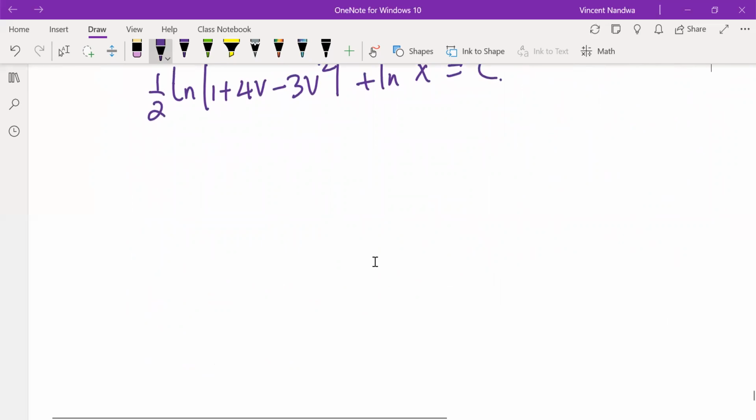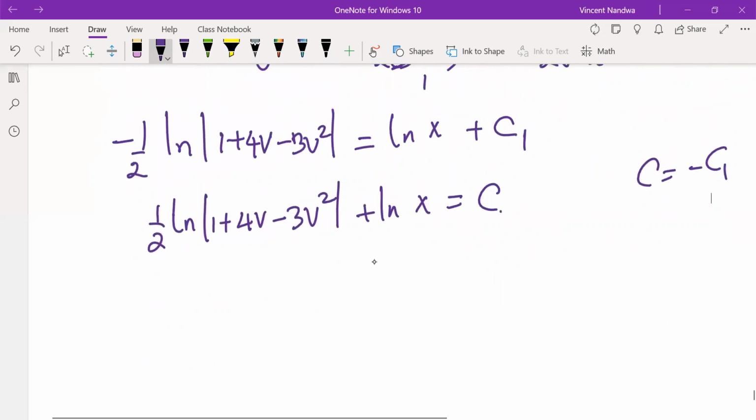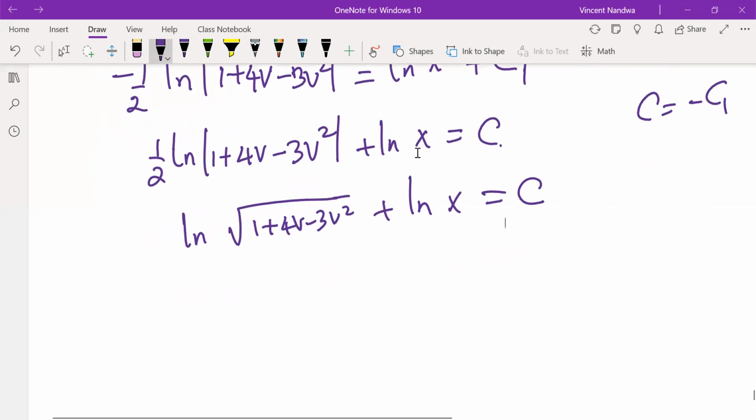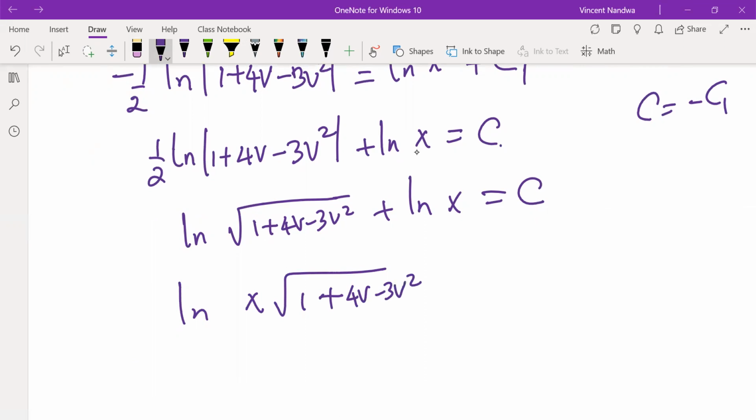Which we can write as ln of the square root of (1 + 4v - 3v²) plus ln of x equals c. So we'll have ln of x times the square root of (1 + 4v - 3v²) equals c.